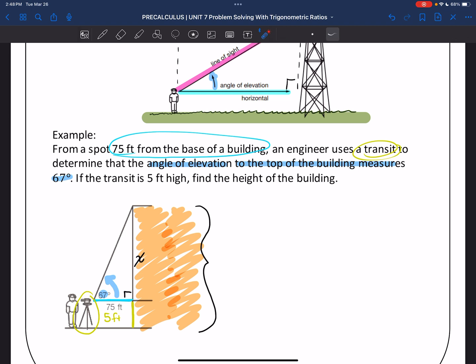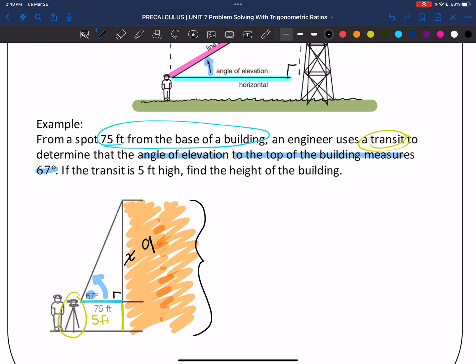How will we do this? Well, we know that we're using this angle, and we are concerning ourselves with the side that is opposite. This side here is opposite of our angle. We also know this distance right here is 75 feet, and that is the adjacent side. So opposite and adjacent, which trigonometric ratio is going to allow us to solve?